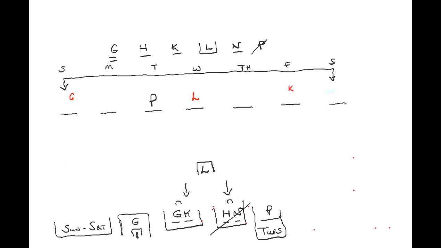You don't want to do that on the test. So if I put G on Monday, then I've got to put K here, and that's not going to work because it's going to force the H and the N together. All right, so that's not going to work. How about if we say, if H is Sunday? Well, if H is Sunday, I got to repeat the H.